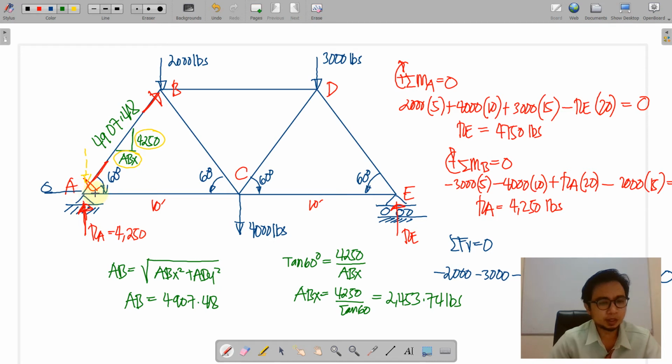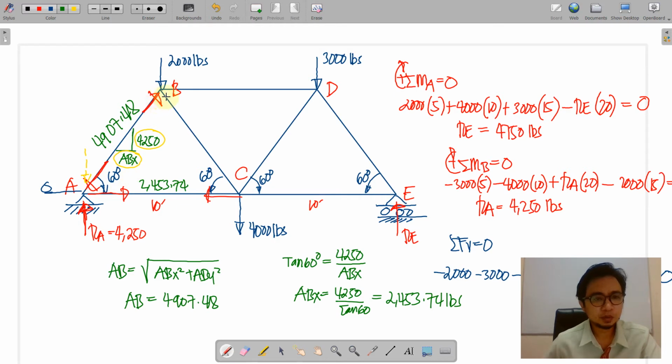So there will be no other force to counter this horizontal force ABX, equivalent to 2,453.74, that is leftward, other than AC. So here it is. This should be 2,453.74, the value of ABX, being countered now by AC. So that balances our joint A. First, we have balanced the vertical, followed by the horizontal.